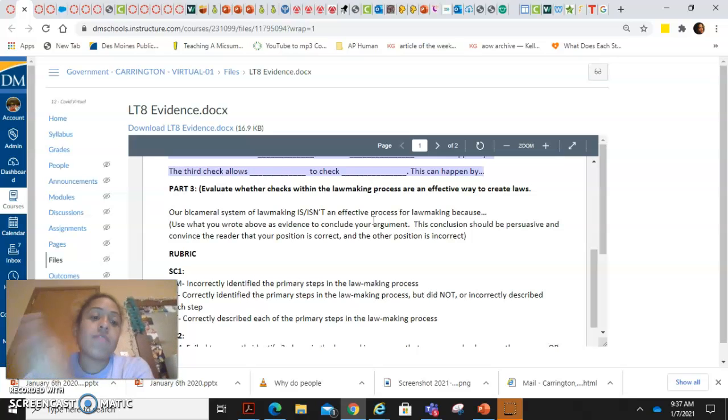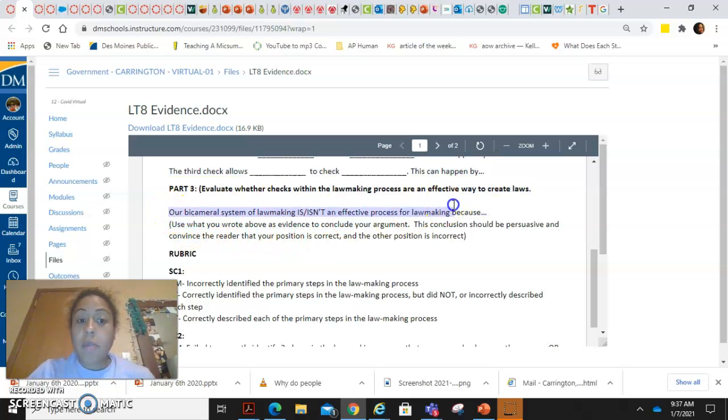Okay, an effective lawmaking system. Okay, here's a sentence starter that you can use if you'd like. Our bicameral system of lawmaking is or is not an effective process for lawmaking because, and then you go on to explain it in your own words.